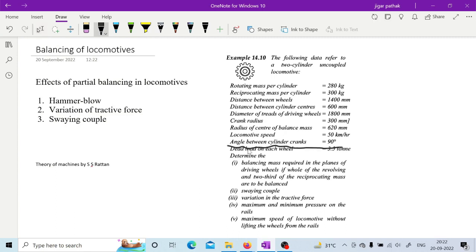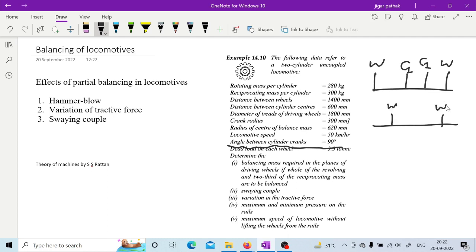So you can have that cylinder inside the plane of wheel. If you are having inside locomotive, then your crank plane will lie inside. And in case of outside locomotive, you will have the plane of wheel, and that crank will lie outside.